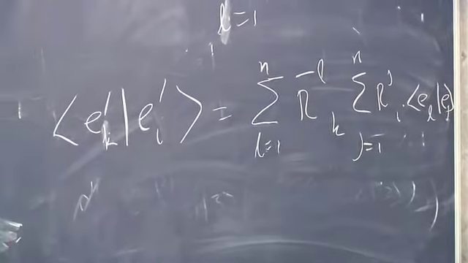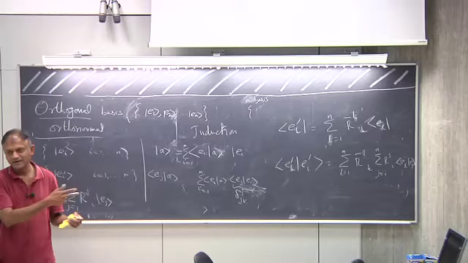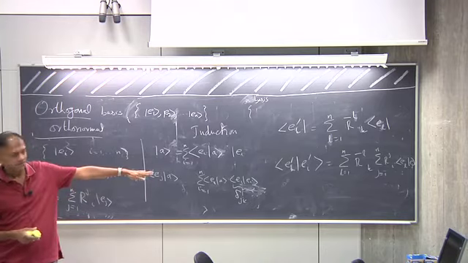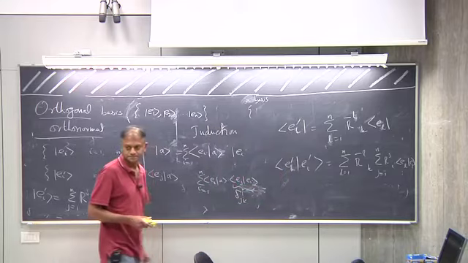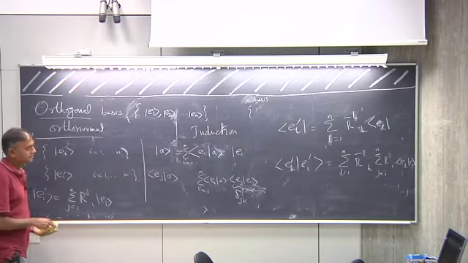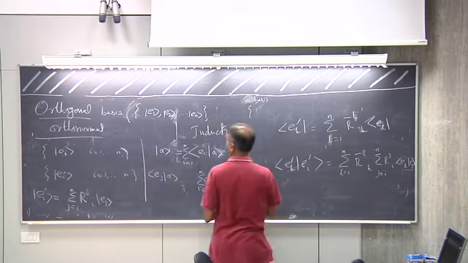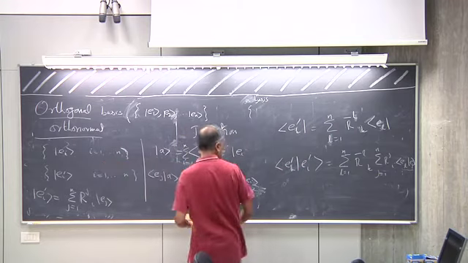I've done several steps in one step, but I think by now you should be familiar with that. I'm just using linearity in both arguments. But this guy is a Kronecker delta, because both bases are orthonormal.